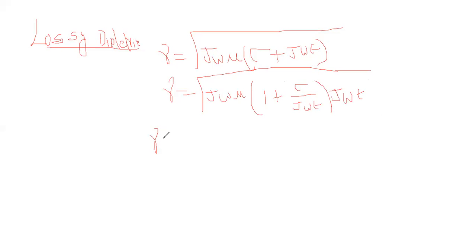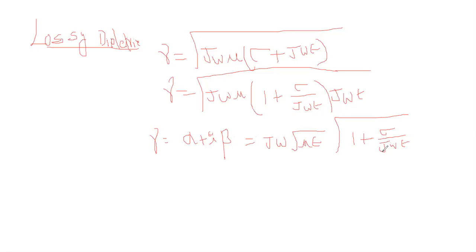Now the gamma is equal to alpha plus j beta. Alpha plus j beta is equal to, here the j omega becomes j square omega under root of j omega under root of mu epsilon, and this function is also under root of 1 plus sigma by j omega epsilon.